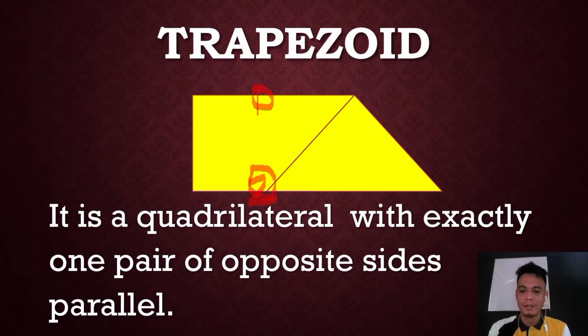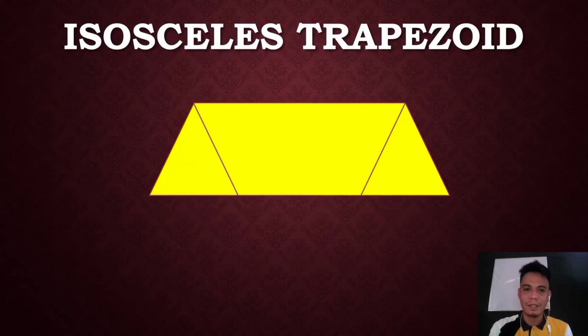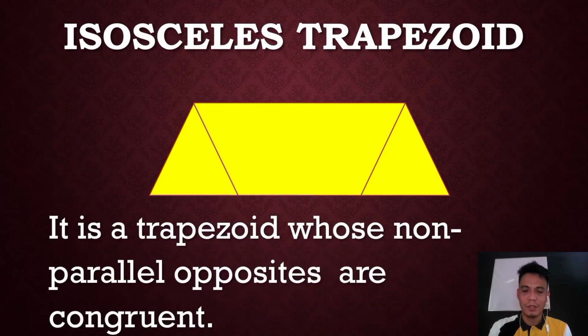Okay? Next is isosceles trapezoid. So, kung nakikita nyo to, guys, para siyang bubungan. So, ayan. Para siyang bubong ng bahay. Okay, so what is an isosceles trapezoid? An isosceles trapezoid is a trapezoid, so trapezoid po siya, whose non-parallel opposite sides are congruent. Okay? So, meron daw siyang parallel sides, non-parallel sides, opposite, which are congruent.